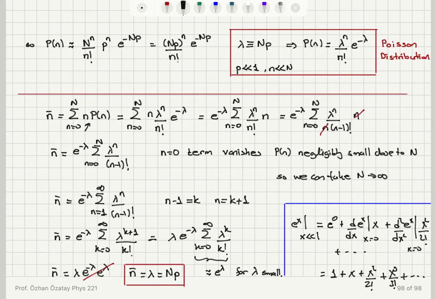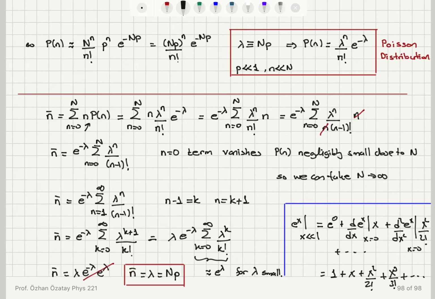Then we have shown that using the Poisson distribution, we can calculate the mean value of n, and in this limit we find it to be capital NP, by recognizing two things. One is that the summation does not have to start from 0, it can start from 1, because the 0 term vanishes. And two, the summation does not have to end at capital N, because we have this capital N number rather large.